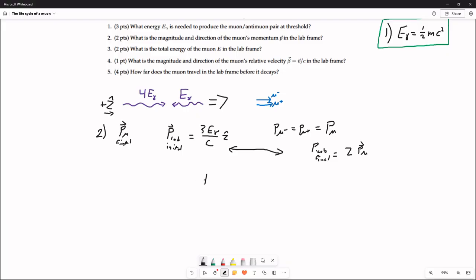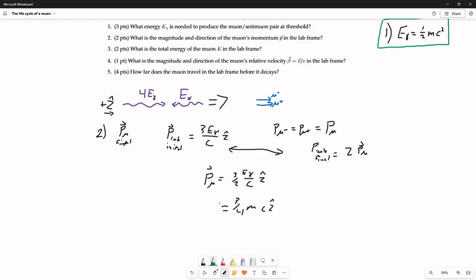So the momentum of the muon and the anti-muon is going to be 3/2 e gamma over c z hat. And we found e gamma in the first one, so this is going to end up being 3/4 mc z hat. And that is our final answer.